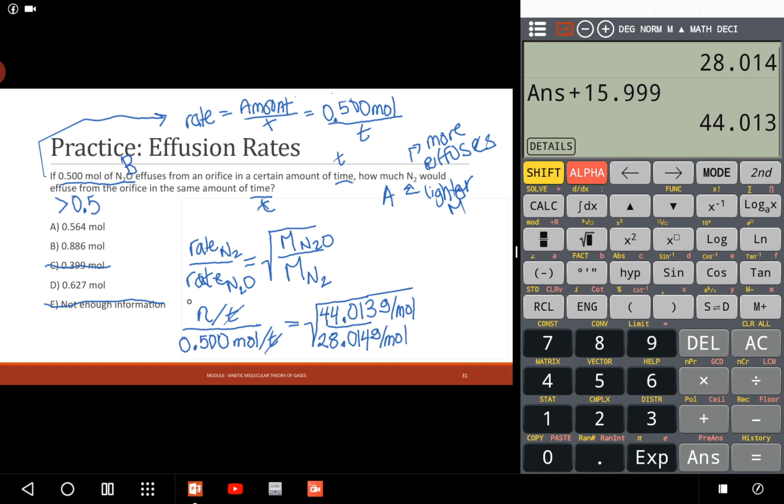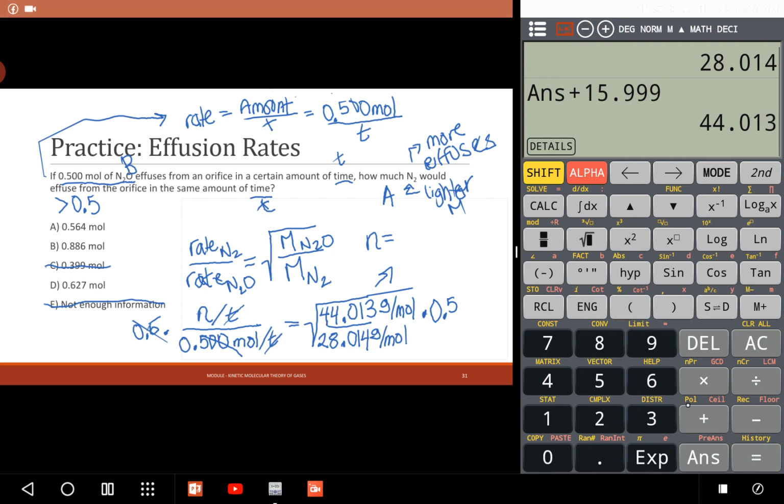So now I can use algebra and isolate this variable by multiplying both sides by 0.5. That's why I picked it to be in the numerator there, to make that simplification easier. So that tells me my n is going to be this.